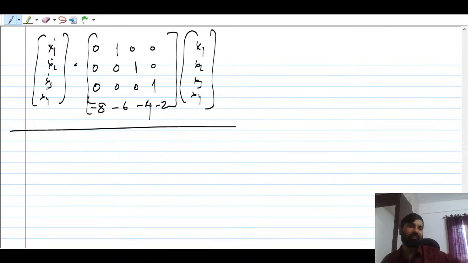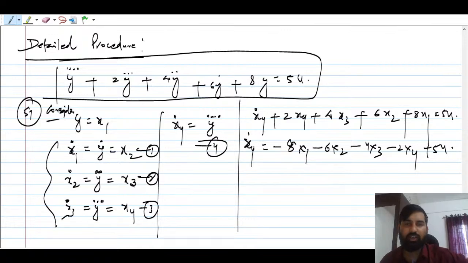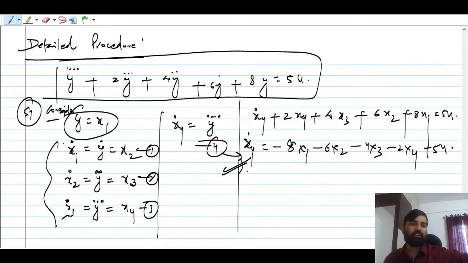So A matrix कैसे करेंगे? This is a coefficient matrix only, right? Coefficient matrix of each equation. So this is, you can say, the first equation that you have got, the second equation, the third equation, and this is the fourth equation. Okay, so from these three equations you can get these rows, and from this equation you can get the last row, and this equation will give you output, right?